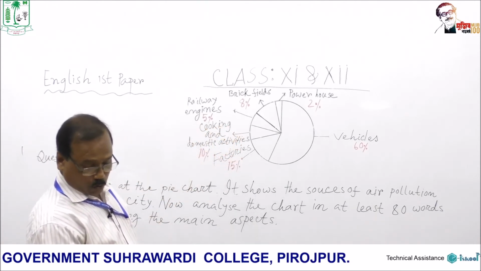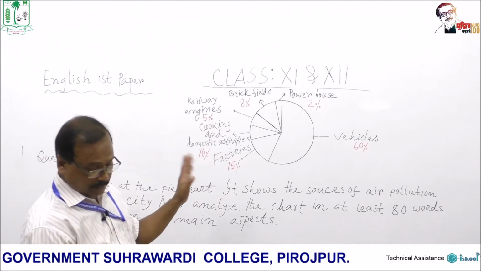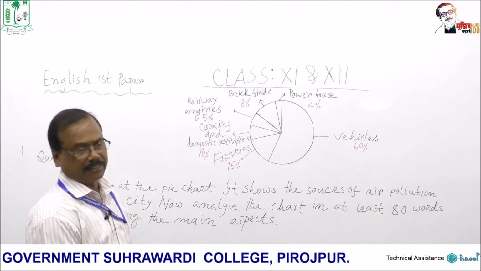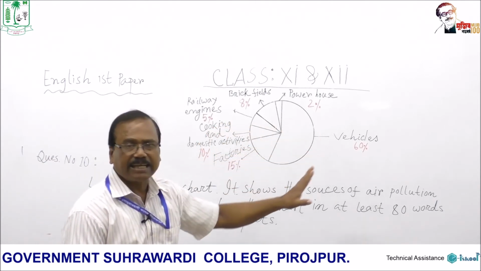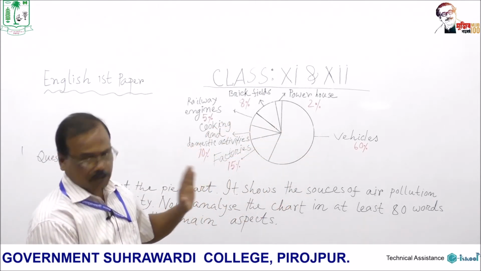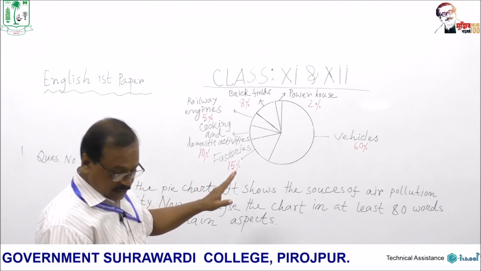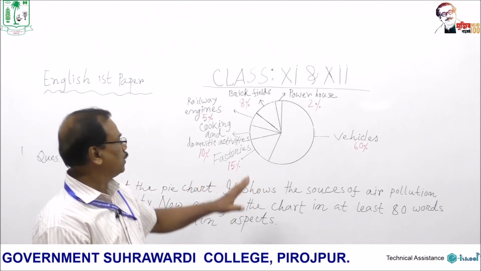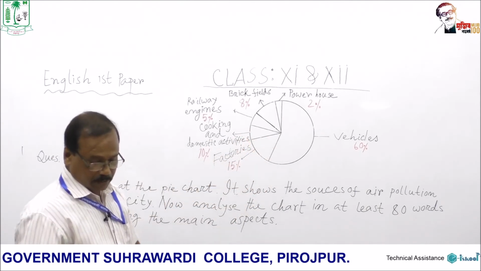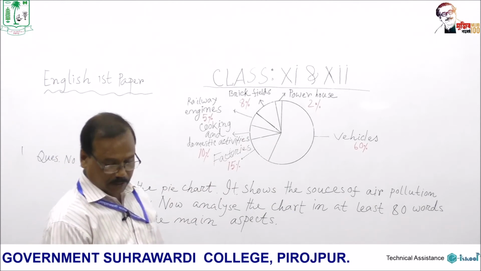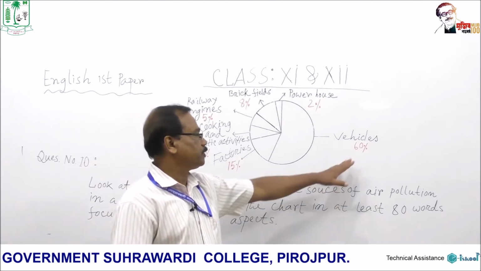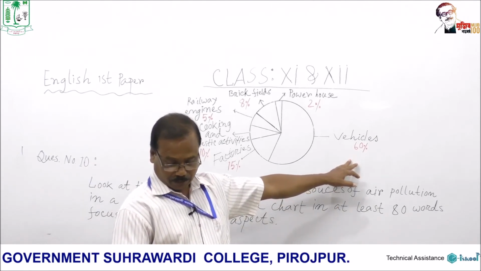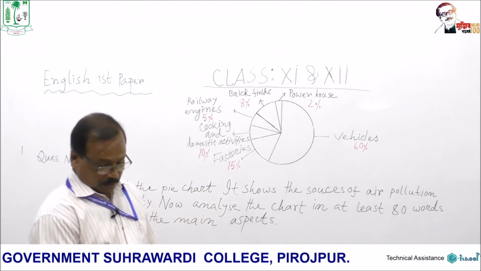The pie chart shows that the highest source of air pollution is vehicles. It is a clear analysis of the chart. So, the pie chart shows that the highest source of air pollution is vehicles, and it is 60%, full stop.